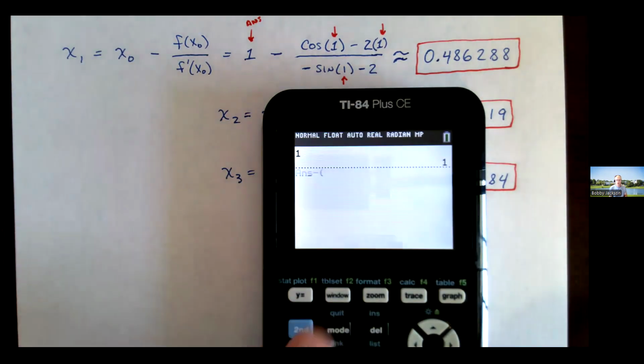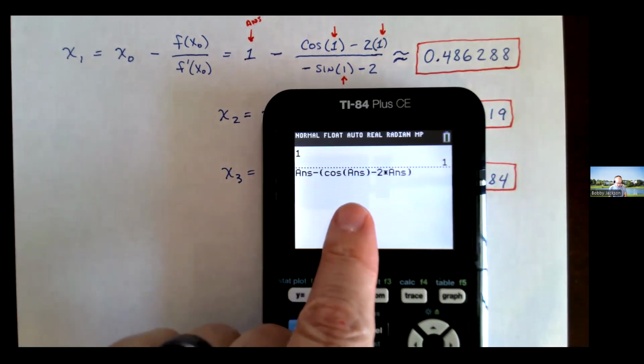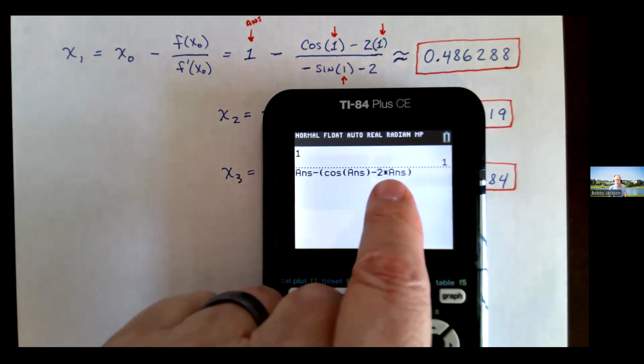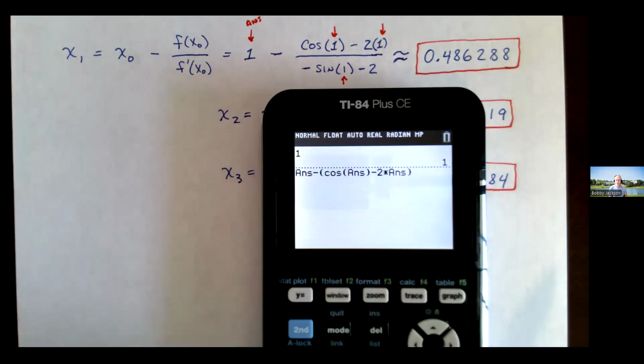So I'm going to be doing cosine of answer, and instead of negative 2 times 1, I'm going to do negative 2 times answer. So there's the evaluation of the function, cosine of x minus 2 times x, where x is the answer, the x sub 0.